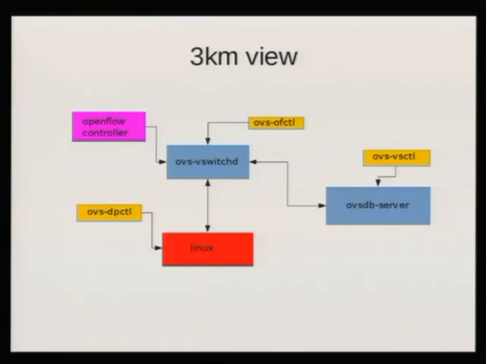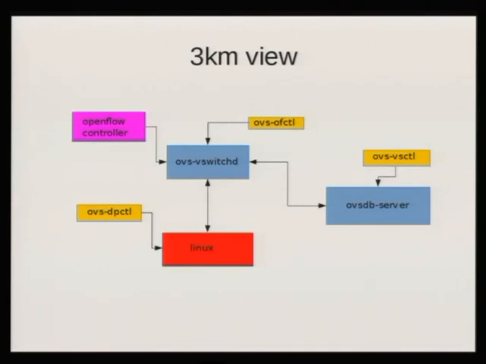And the yellow boxes are the utilities that you can use. So ovs-ofctl is basically a very small OpenFlow controller that you can use to program vswitchd. ovs-vsctl is a very small OVSDB client. It's used to program the OVSDB server, which talks to vswitchd, so it notifies vswitchd that the configuration has been changed, and then vswitchd reacts to that.